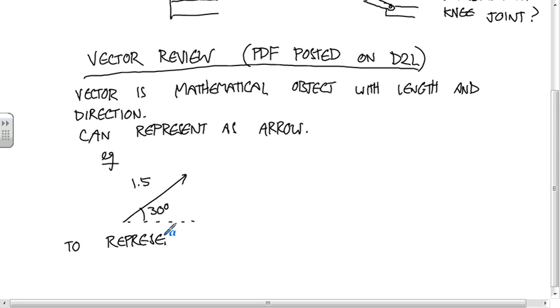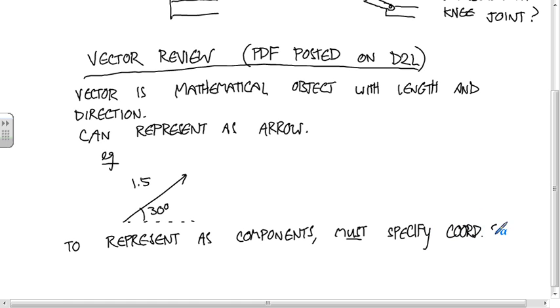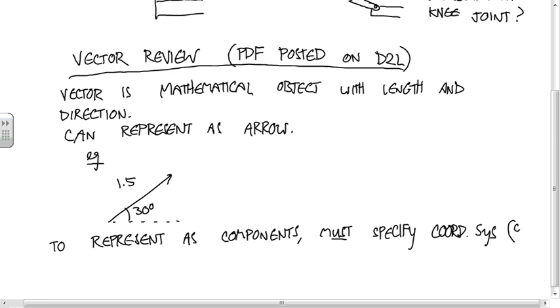So to represent this as vector components, you must specify a coordinate system. I'm going to just always abbreviate that CS. I'm going to use that all the time.